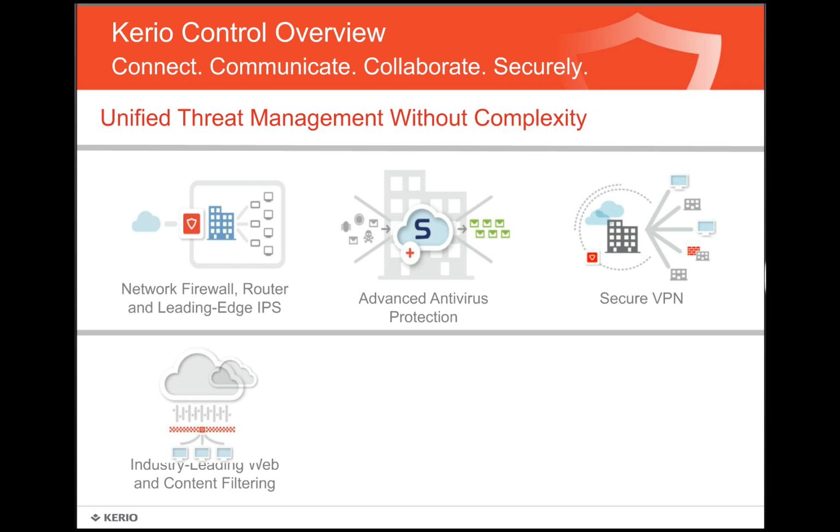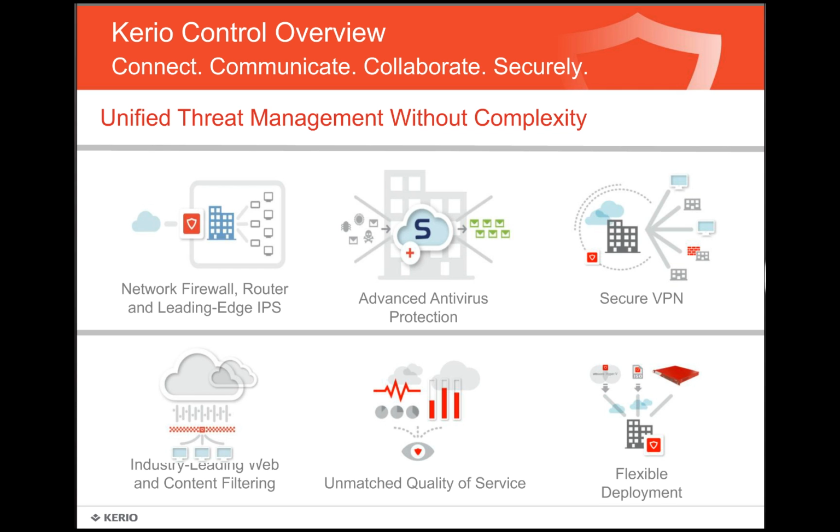It is implementing the industry-leading web and content filtering, unmatched quality of services, so you can create bandwidth rules to, for example, guarantee a specific bandwidth for specific services, and you are pretty flexible in the deployment.